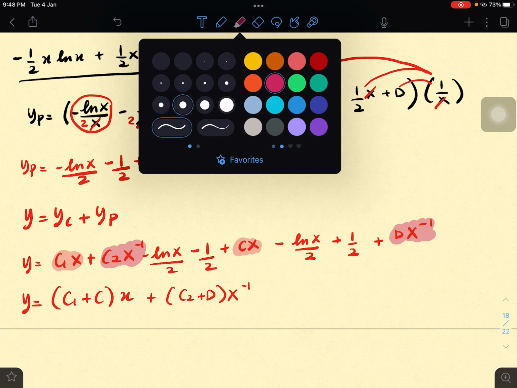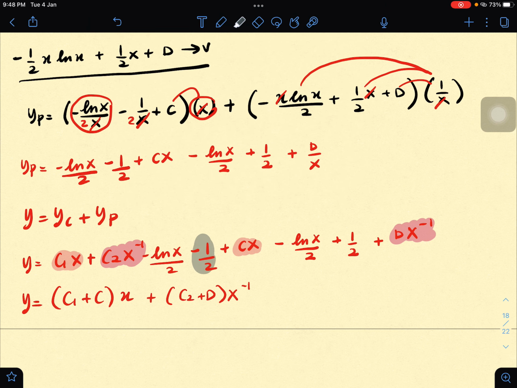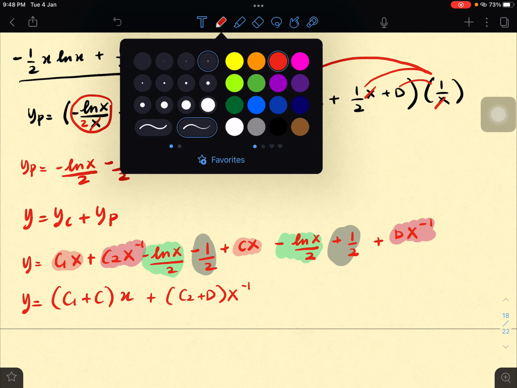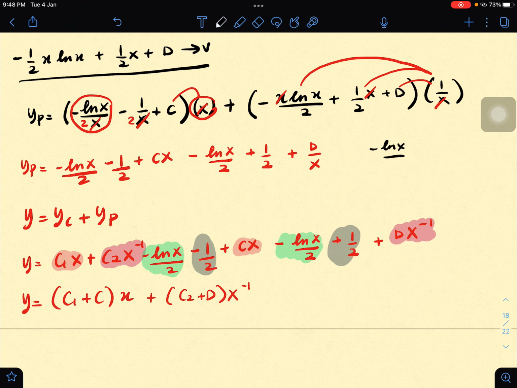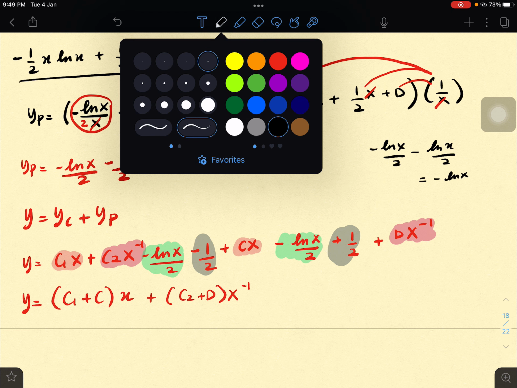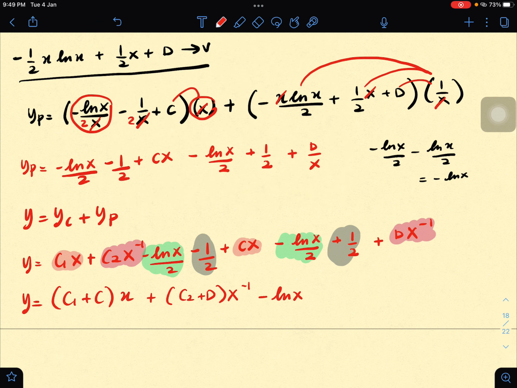And then you have here, negative half tambah dengan half kosong, habis. And then another one you have here, negative ln x over 2 minus ln x over 2, you will get negative ln x.